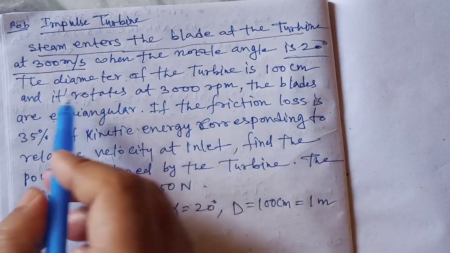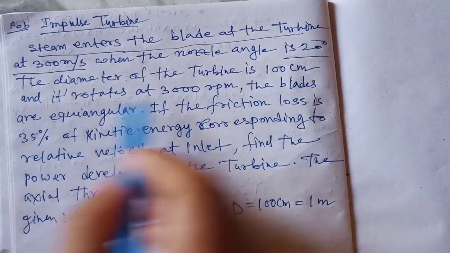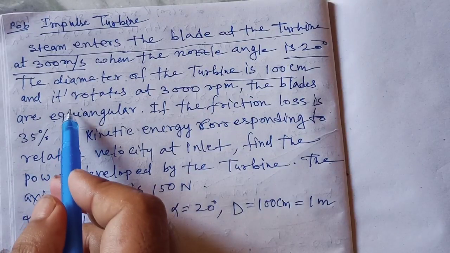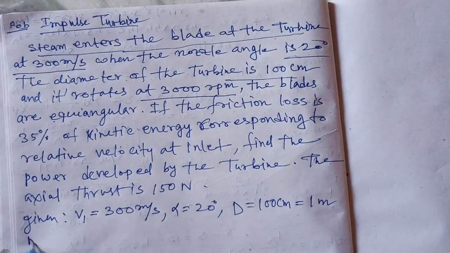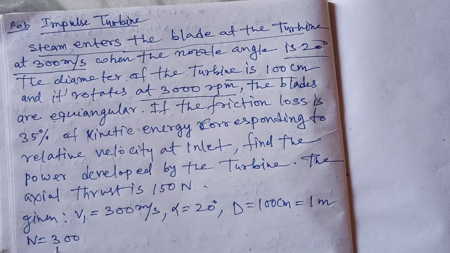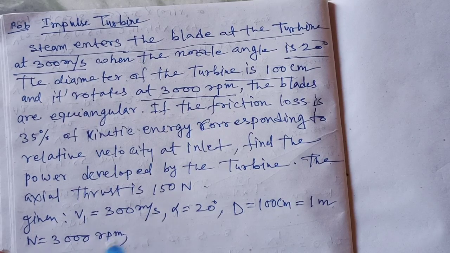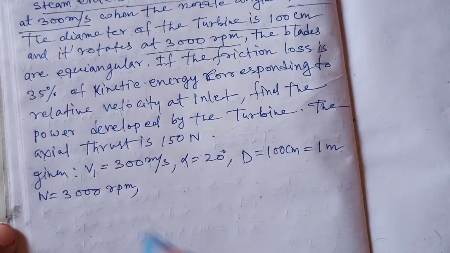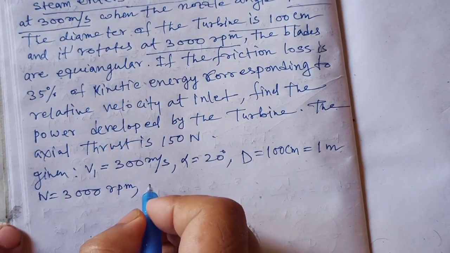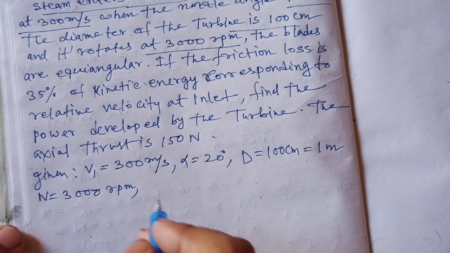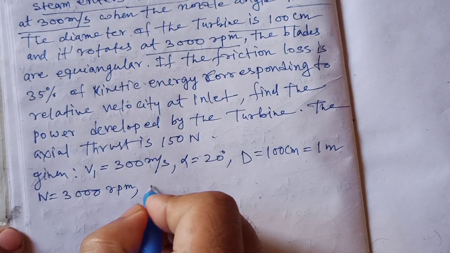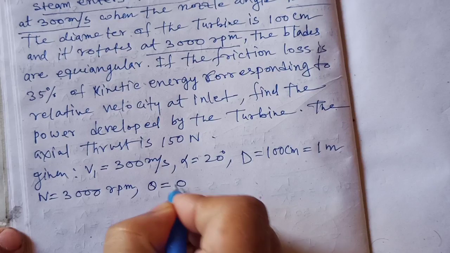The speed of the turbine is given, that is N equals 3000 rpm. The blades are equiangular. That means the inlet and outlet angle of the blade are same, that is theta equals phi.